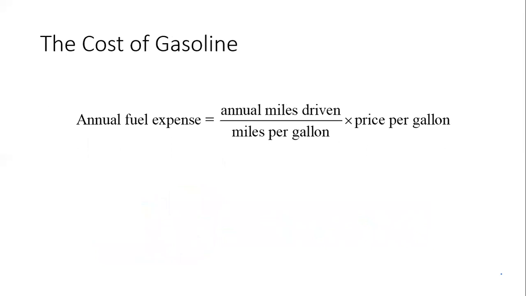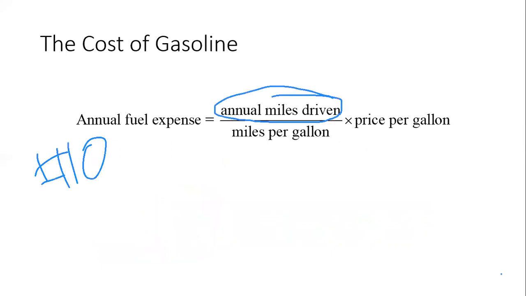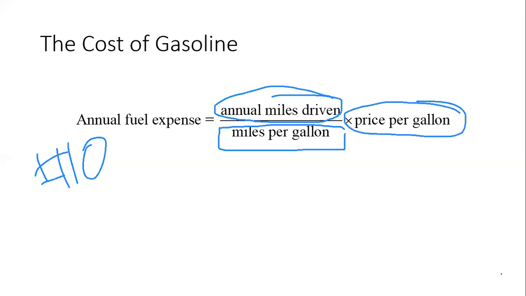In order to calculate the annual cost of your gasoline, we're going to use this formula. The formula is included on your formula sheet. It is number 10. It says that the annual fuel expense equals the miles you drive in a year divided by the miles per gallon that the car gets, multiplied by the price per gallon.